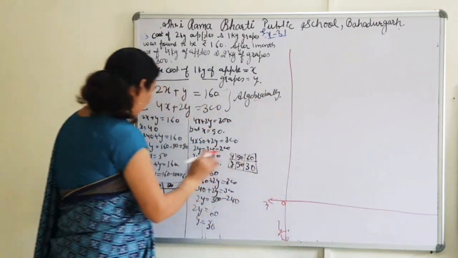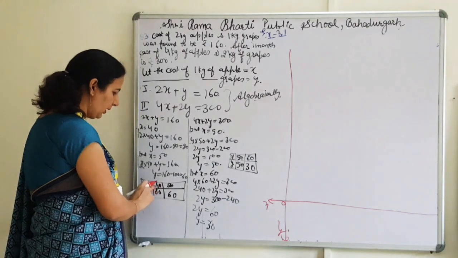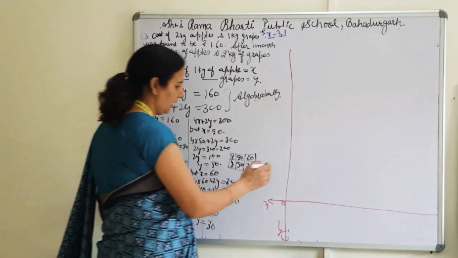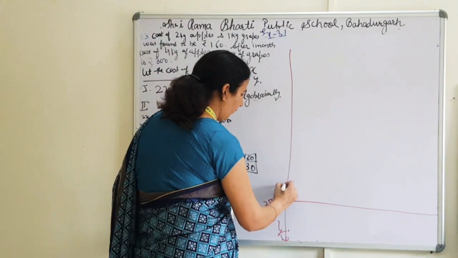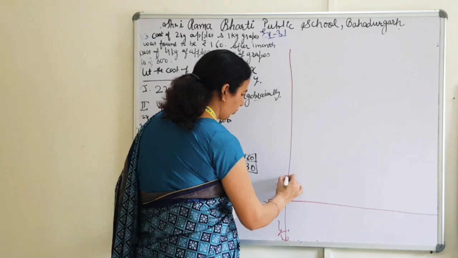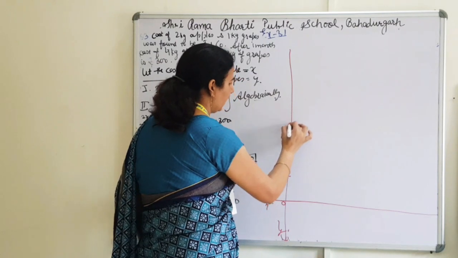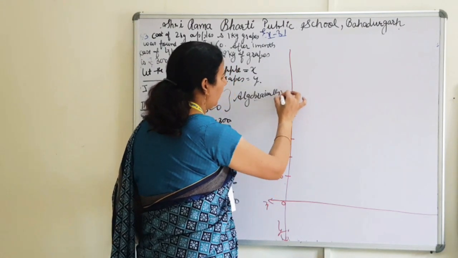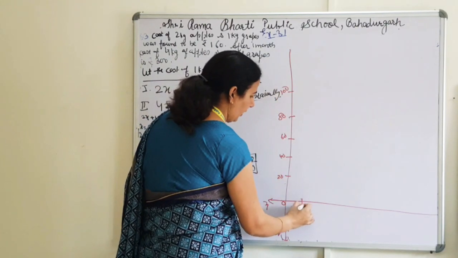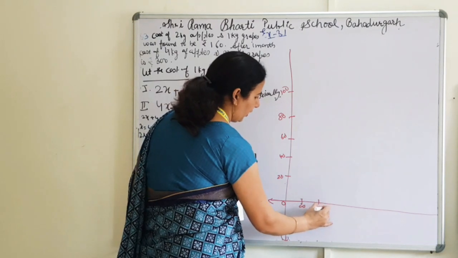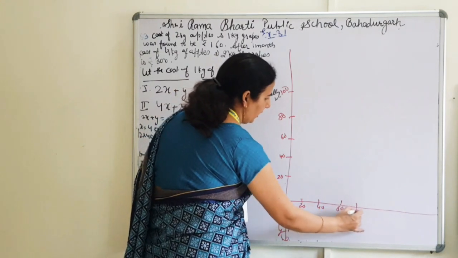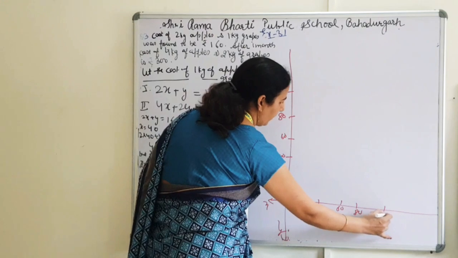For x, y, 40 and 80, 50 and 60, we can take a gap of 10, or 20 also: 20, 40, 60, 80, 100.